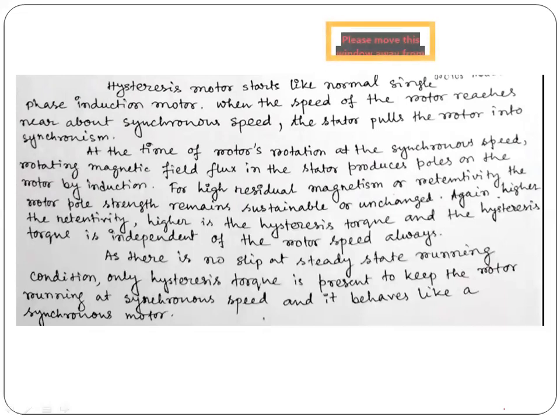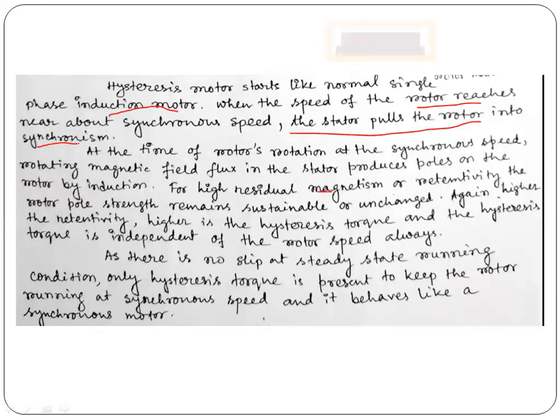Like the reluctance motor, the hysteresis motor also starts with the principle of a single phase induction motor, and when the motor reaches the speed near about synchronous speed, the stator pulls the rotor into synchronism with the action of the hysteresis loop or hysteresis law.